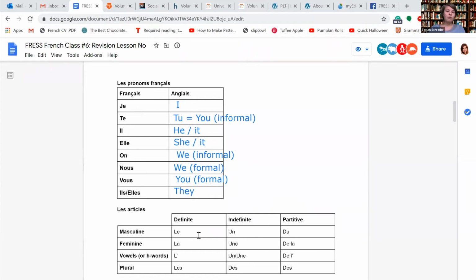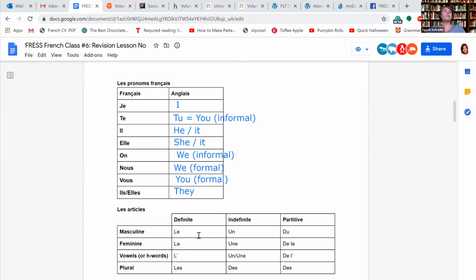Okay. In French, there are definite and indefinite articles, as well as partitive articles. So starting with the easy ones, you have the definite ones, which are le, la, l', and les. And these correspond to masculine objects, feminine objects, vowels, and plurals.